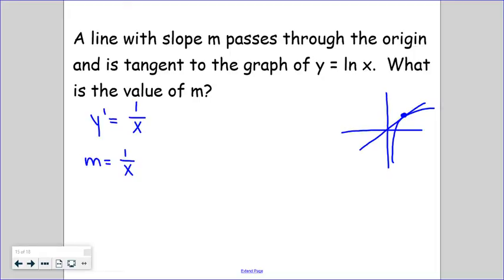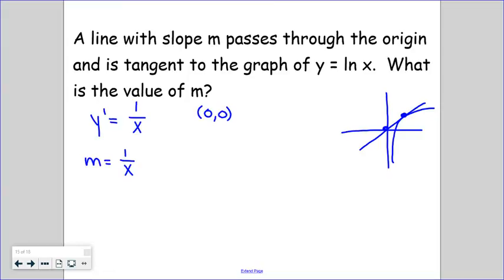Okay. So then I think about, okay, well, I know some other stuff about this line. I know that it goes through the point 0, 0, and I know it hits the graph at this point. Well, the other idea behind slope is that if I know 2 points, I can put it into my slope equation, right? Maybe we can go that route. One of the points on my line is 0, 0, goes through the origin, right? It is tangent to my graph at that point. Well, that point's going to be some x value.